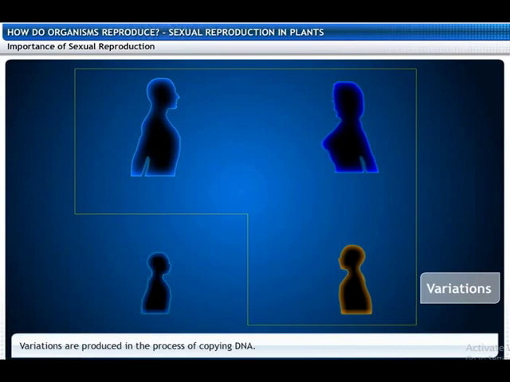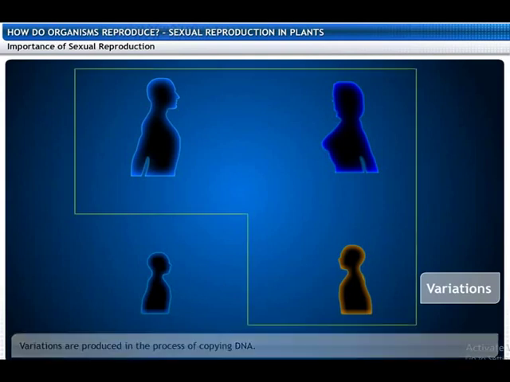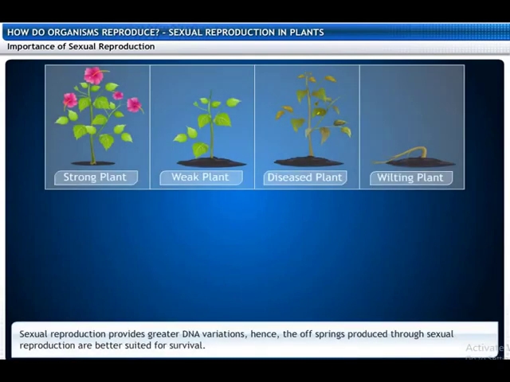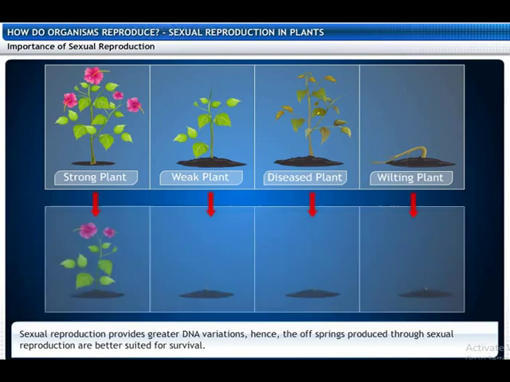In the process of copying the DNA, variations are produced. Sexual reproduction provides greater DNA variations. Hence, the offsprings produced through sexual reproduction are better suited for survival and provide a mechanism for selective adaptation to occur.